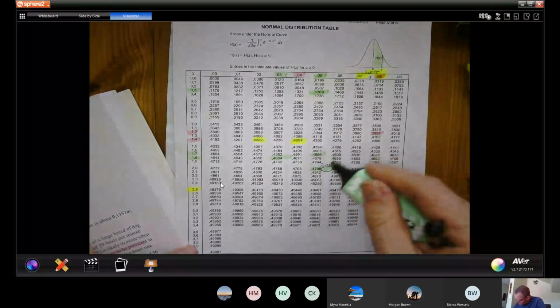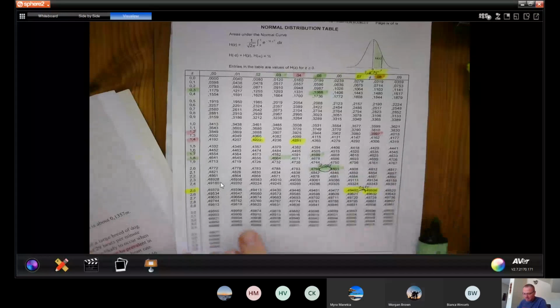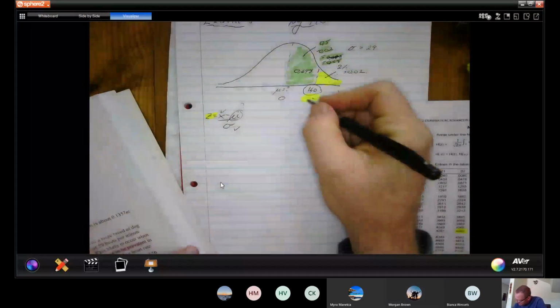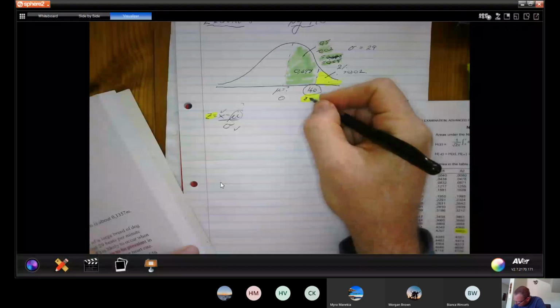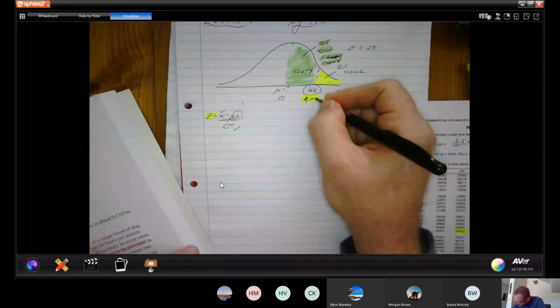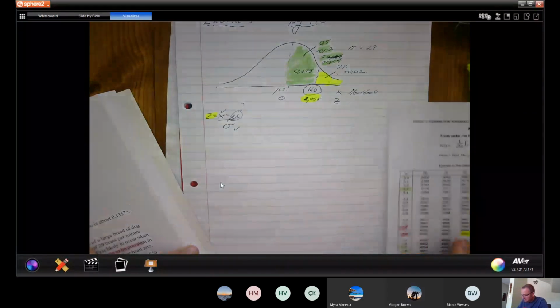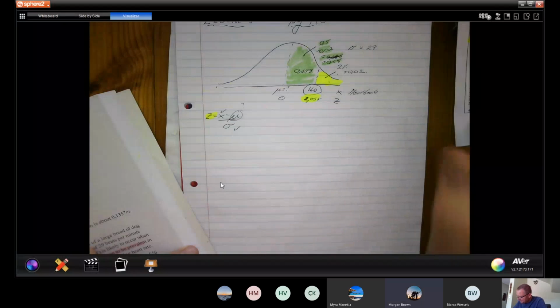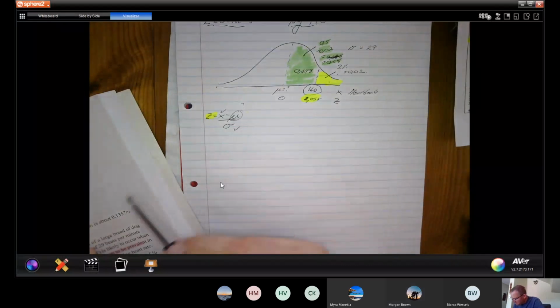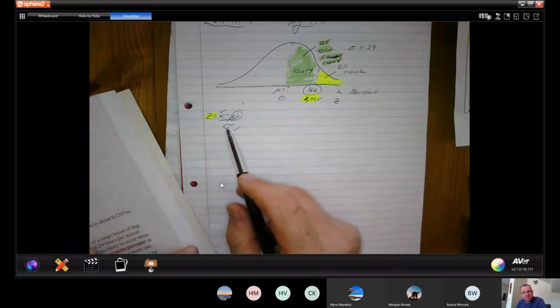So the associated Z score is 2.055. So it's over 2 standard deviations, which seems about right, to the right.